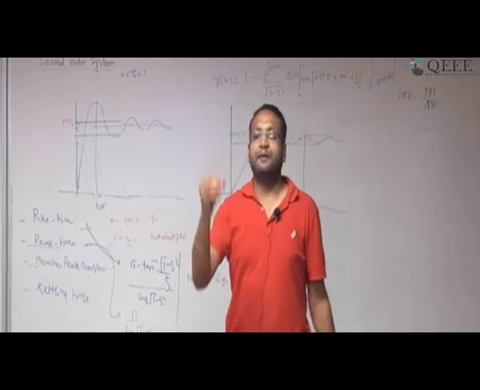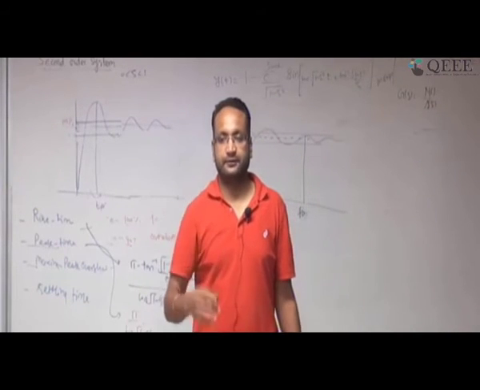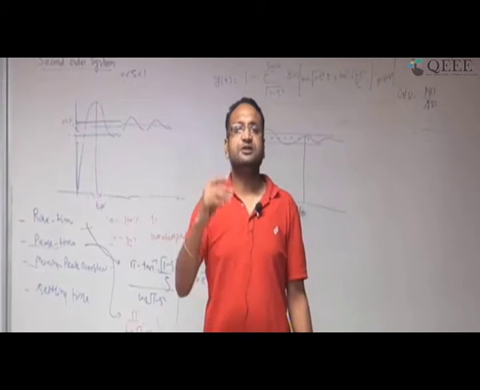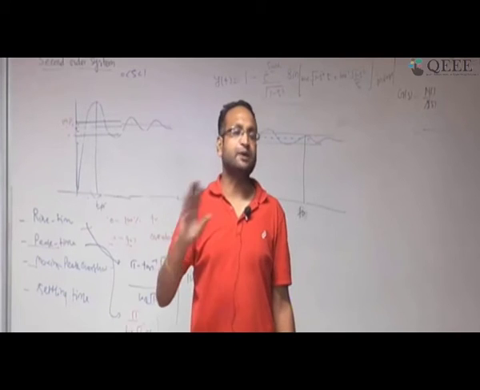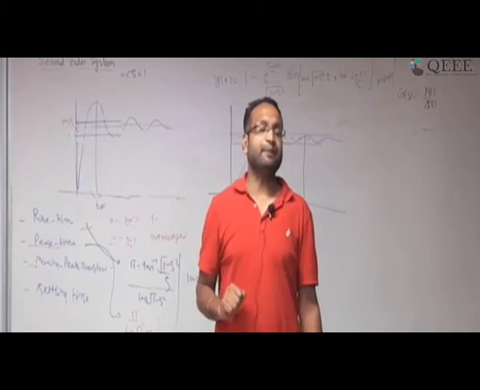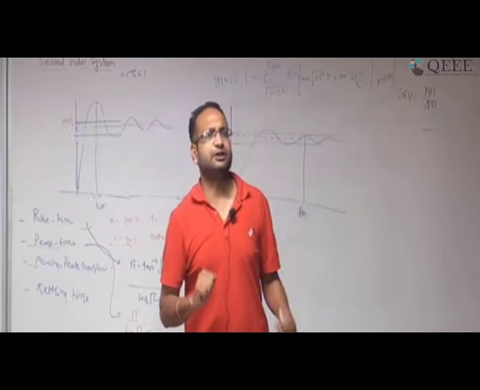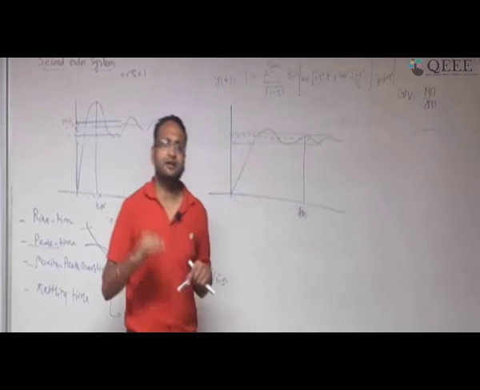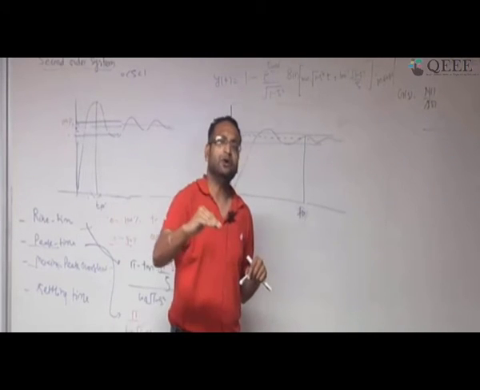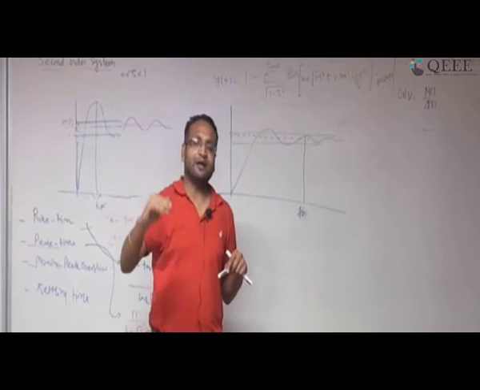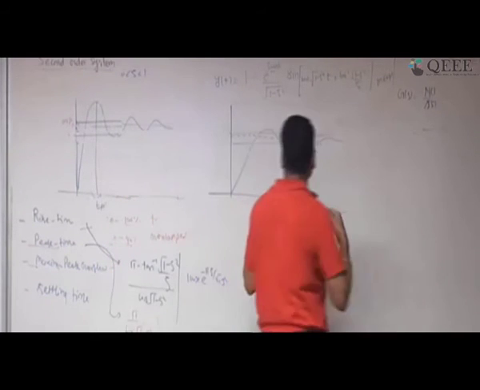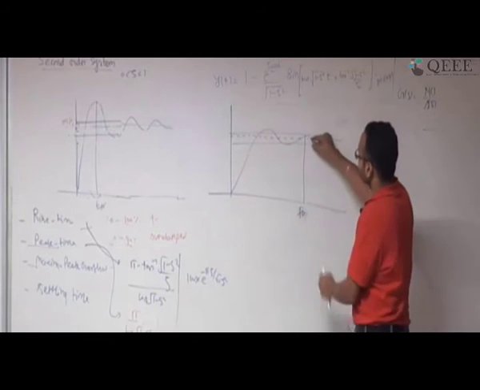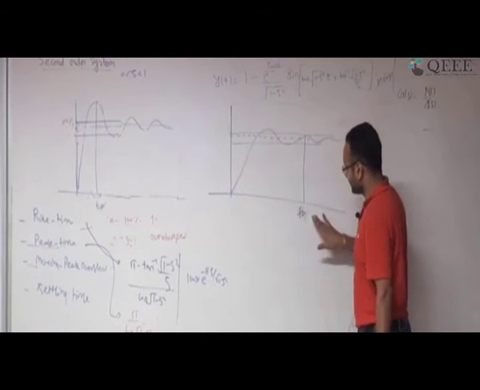Like if you want my steady state value to reach 1, and you are reaching a value of 0.98 to 1.02, it is acceptable to me. It depends on the application, but in some applications I am interested in reaching the steady state value not exactly but within tolerance. That is where settling time plays a role. So I am interested in finding out this time. Okay, this part is clear.